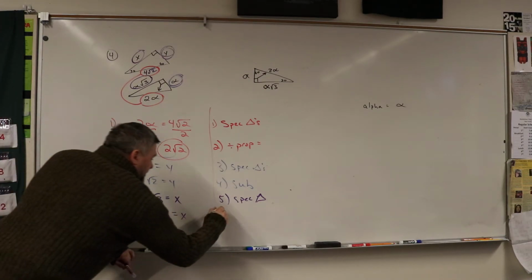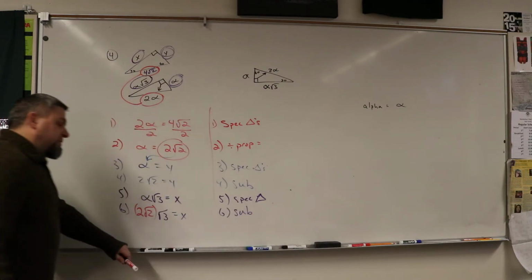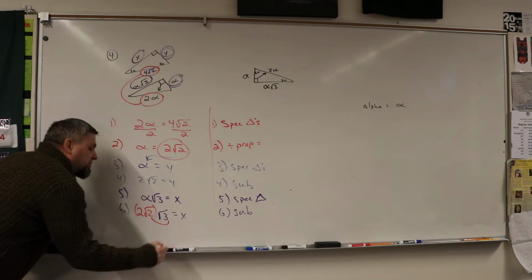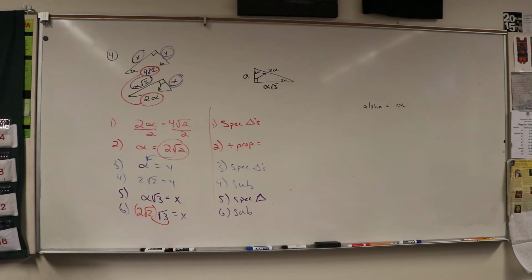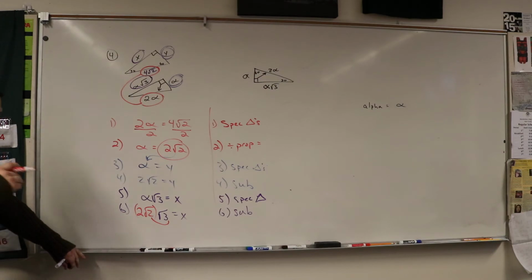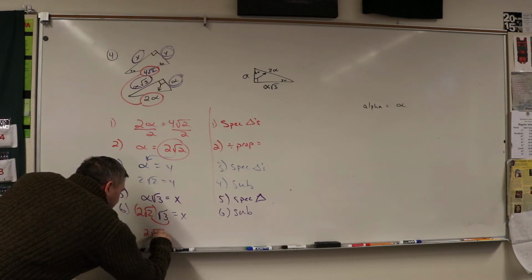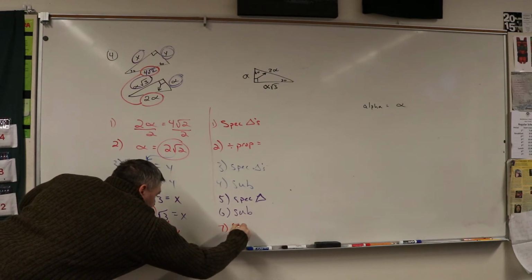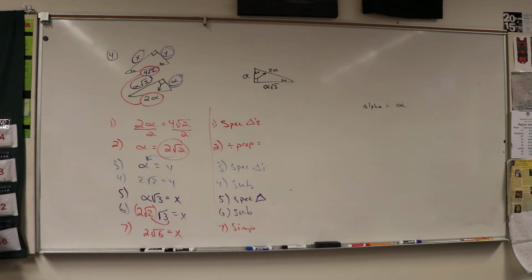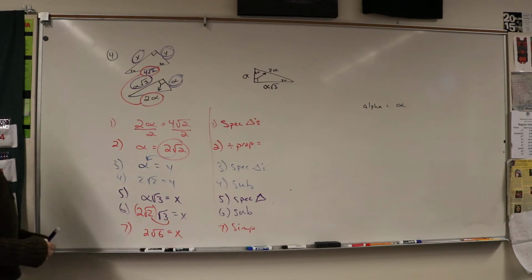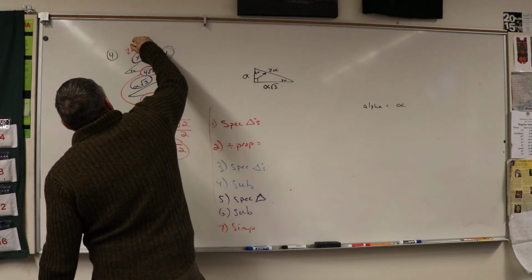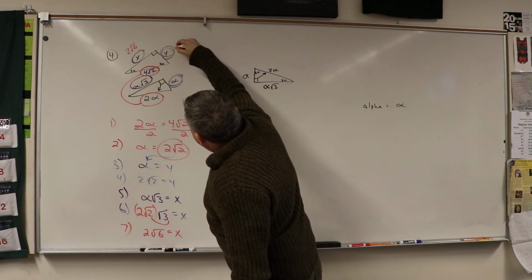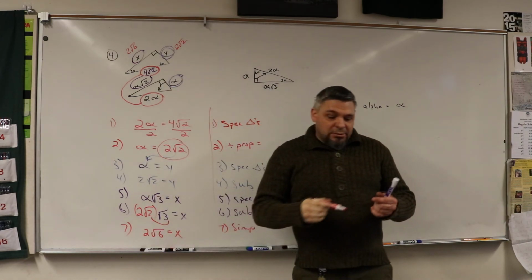So what did we do? Substitution. Remember, what's inside the radical multiplies what's inside the radical. So what is 2 times 3? 6. So it's 2 square root 6 is equal to x. Simplification. That's it. So x is 2 square root 6, and y in this case is 2 square root 2. There you go.